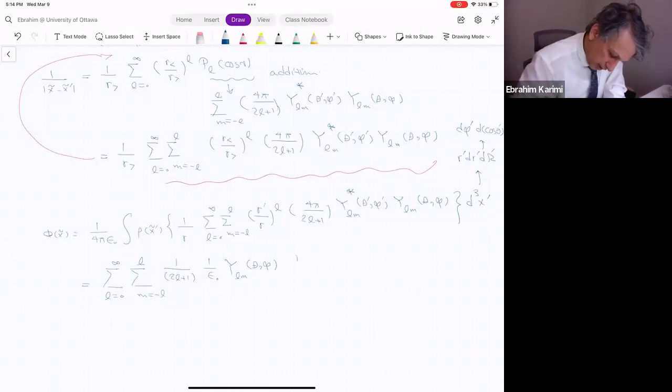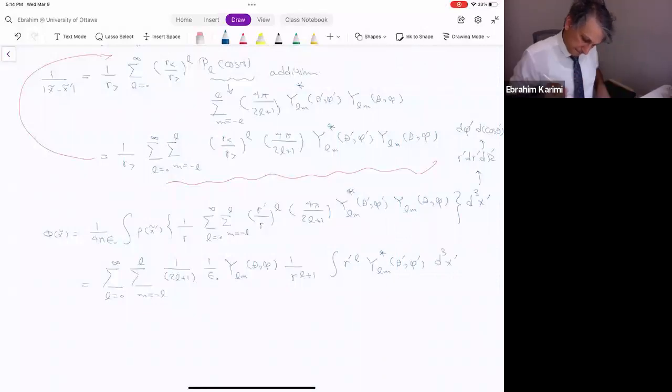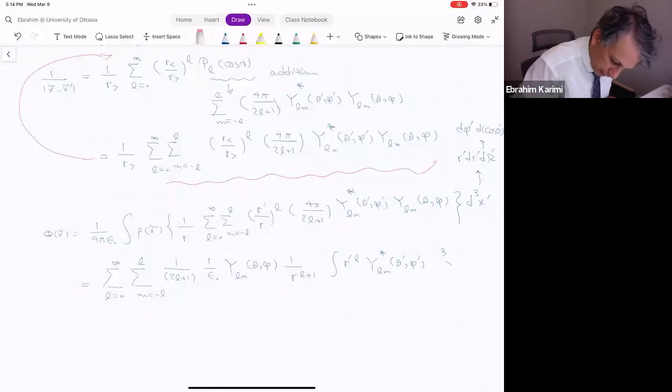We do have R, 1 divided by R power of L plus 1. We do have R prime power of L, YLM star of theta prime and phi prime, the charge distribution, rho of x prime, d3x prime.